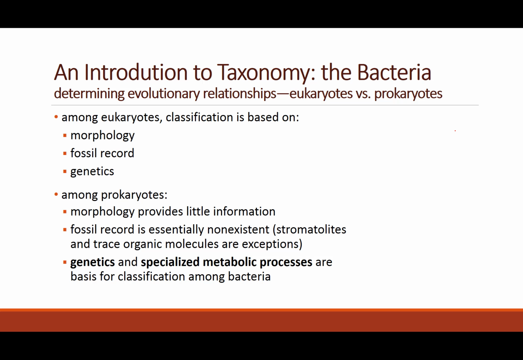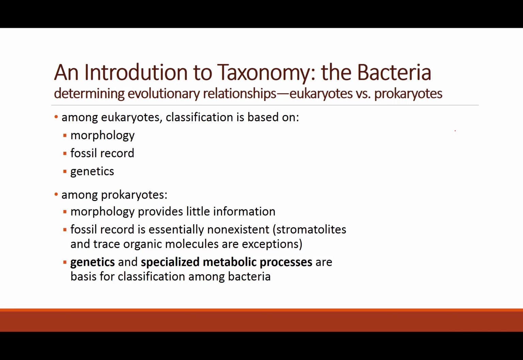But when we start looking at bacteria, morphology provides almost no information, though there is some. We can do gram-positive, gram-negative. But to really get down to the finer dividing amongst groups, morphology doesn't provide much information. And because they're so small, the fossil record is essentially non-existent.